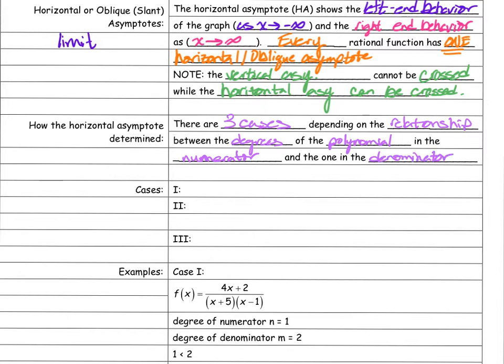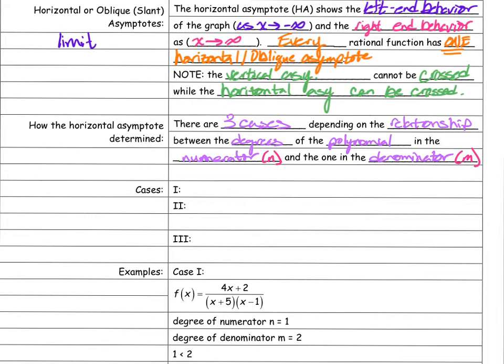So we're looking at the degrees, and remember degree is the highest power on the variable in each one. There are three different cases, and I'm going to describe them right now so you know what they look like. The degree of my numerator is going to be my n, and the degree of my denominator is going to be my m. So you know the difference here.